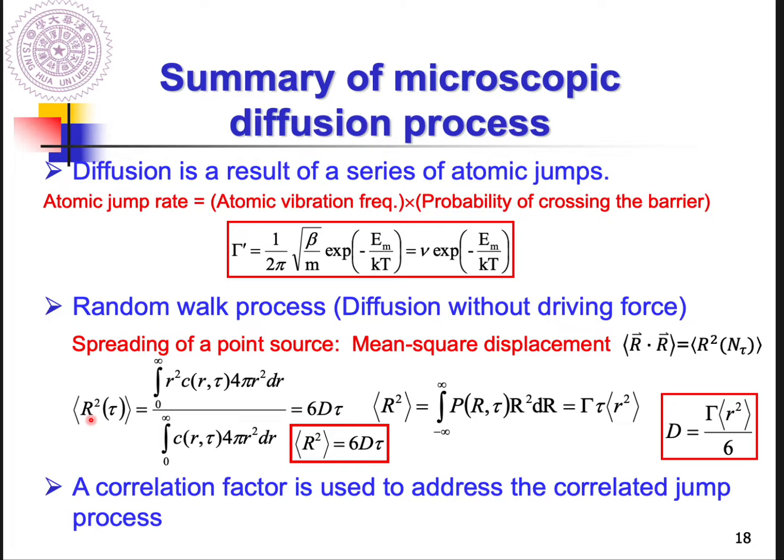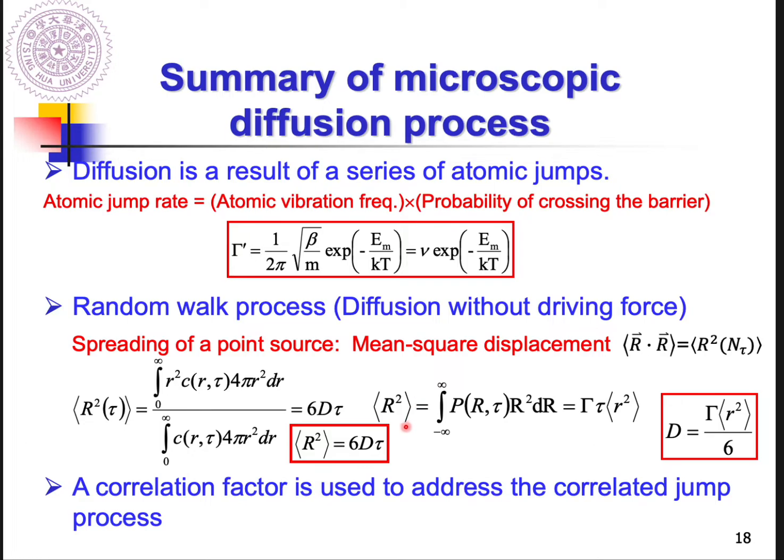The first method to obtain the mean square displacement is the spreading of a point source. After a series of derivations, you get the mean square displacement equals 6 times the diffusivity times the diffusion time period tau. The other approach is through calculating the radial probability term.